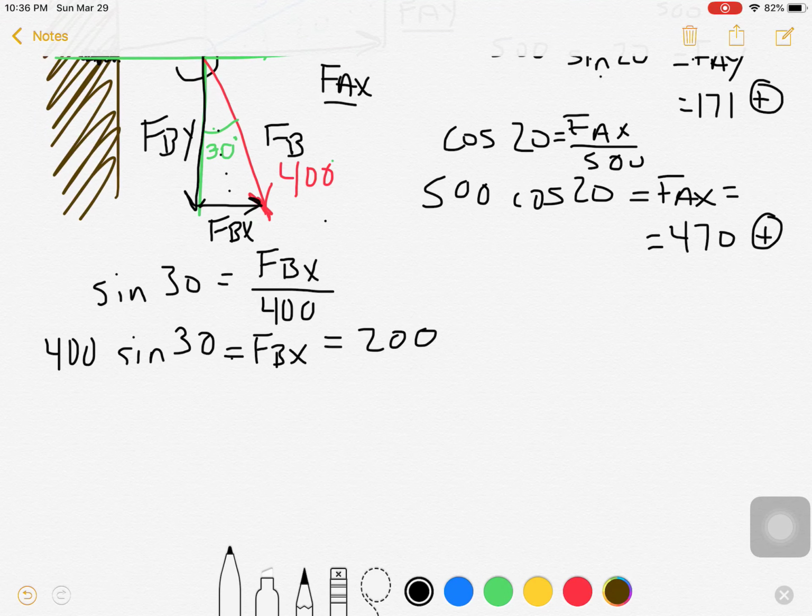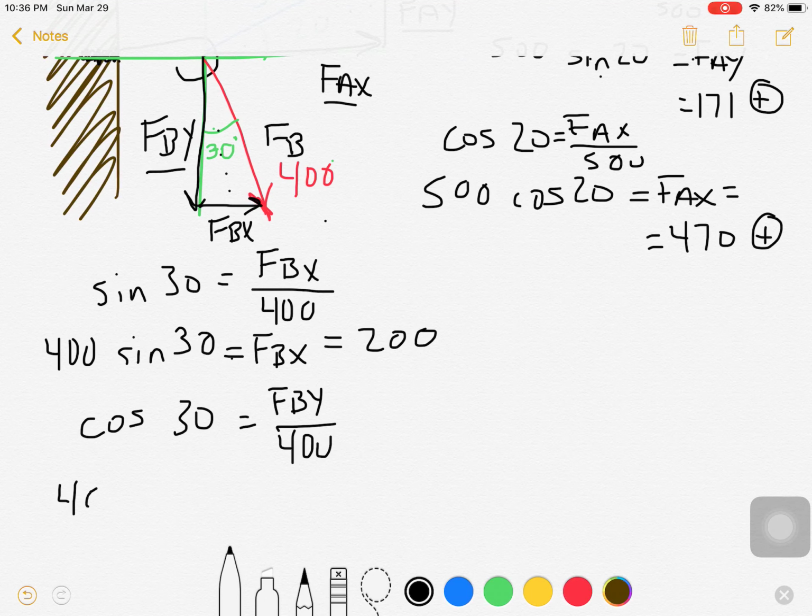All right. Now we'll look at the adjacent side here, so we'll use cosine. Cosine of 30 degrees equals the adjacent, which is force BY, over the hypotenuse, which is 400.